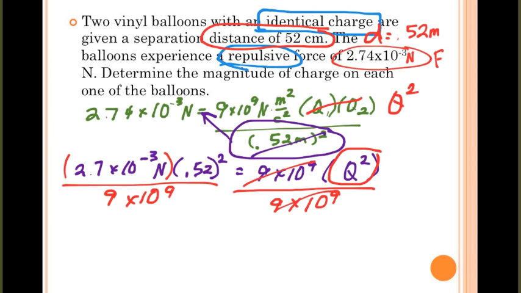So make sure you have that correct. 2.7 times 10 to the negative third times 0.52 squared divided by 9 times 10 to the ninth. And you should get something like 8.1, we'll call it 8.1 times 10 to the negative 14th. And we won't worry about the units quite yet. But that equals Q squared.